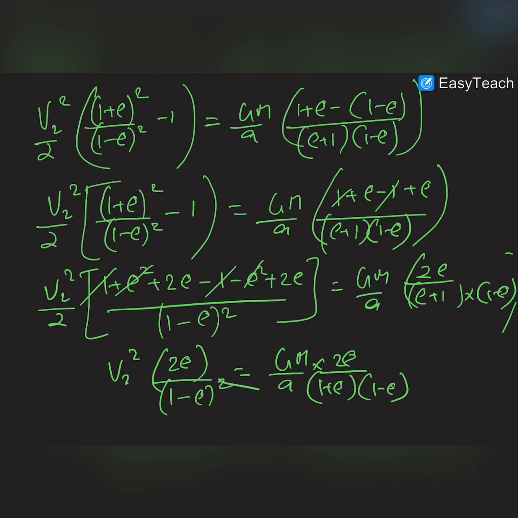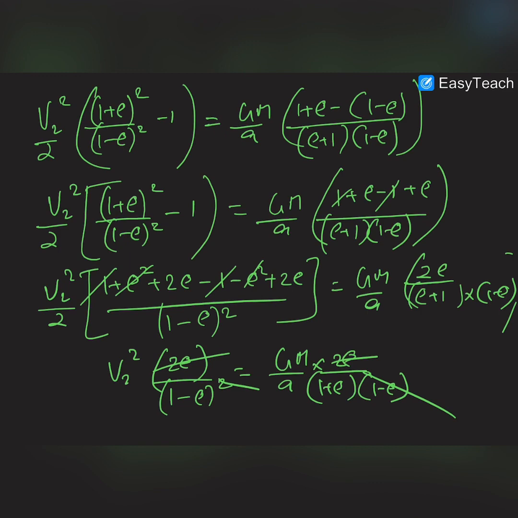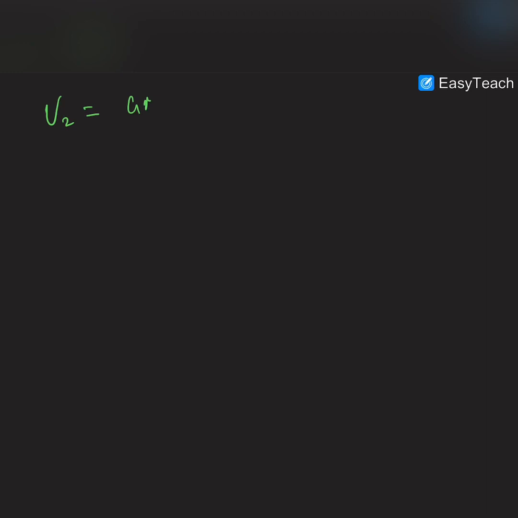Cancelling 1 minus e with 1 minus e and 2e with 2e, you can see that v2 is equal to the root of GM by a into 1 minus e upon 1 plus e. This is v2.